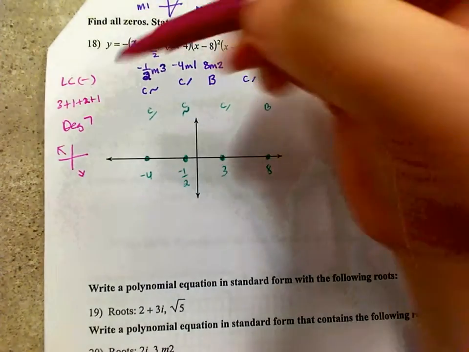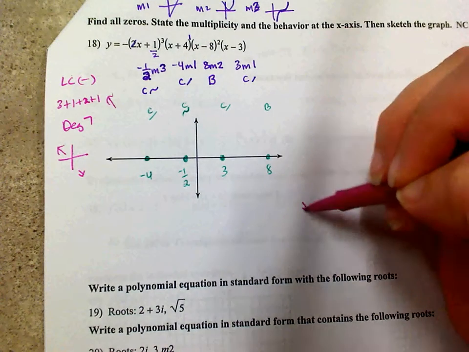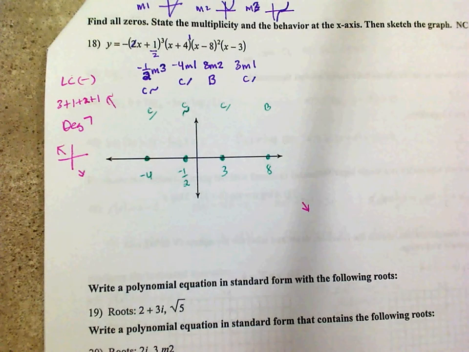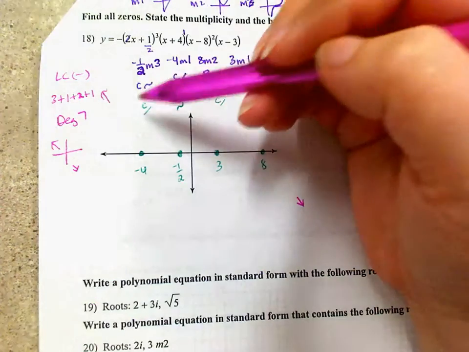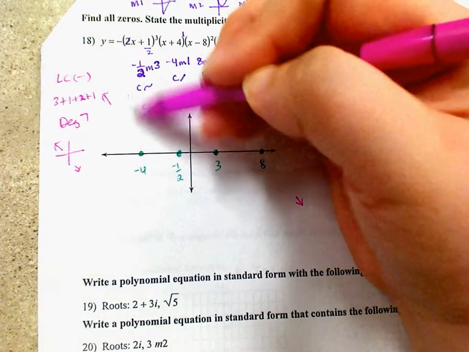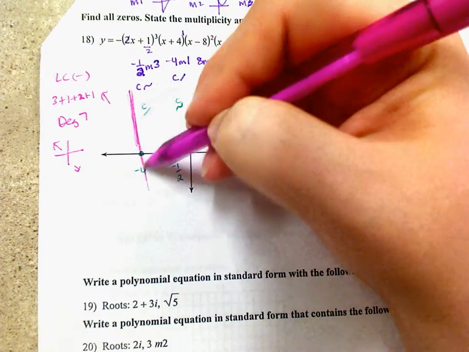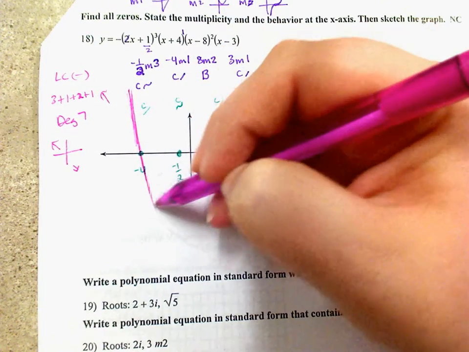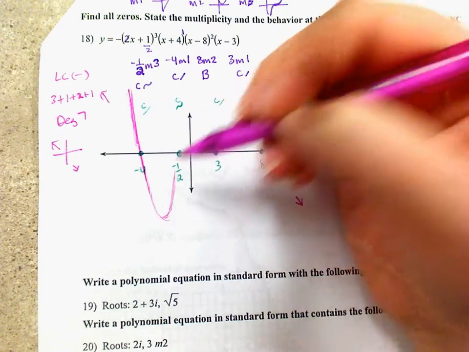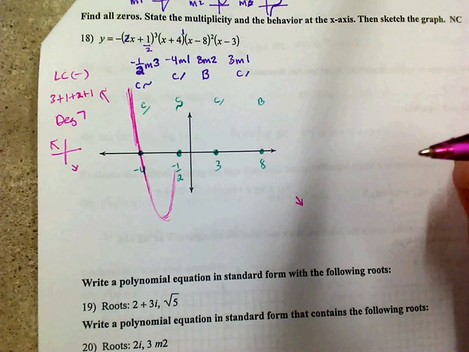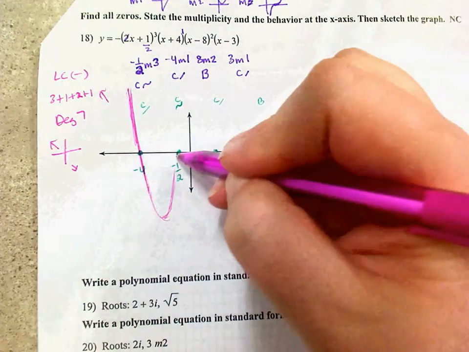So now we sketch. You need to come from up here and cross straight through. It's easier if you go at a steep angle as opposed to sideways, but anyway. Go through right here, come back up. Do I just go straight through it? Kind of curve. So give myself enough space to kind of curve through it.